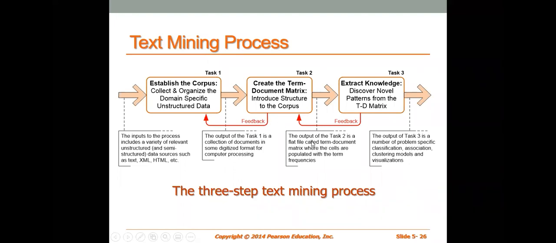At the end of the second task, the output of task two is a flat file, called the term-document matrix, where the cells are populated with term frequencies, that is, how often a term occurs. You apply some statistics after completing task two. In task three, you get the final output with a number of problem-specific classifications.